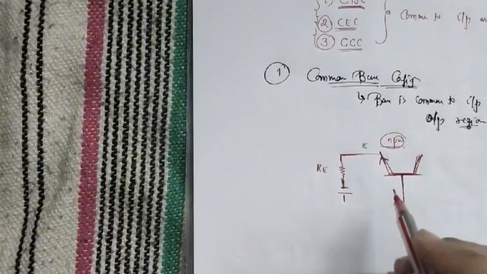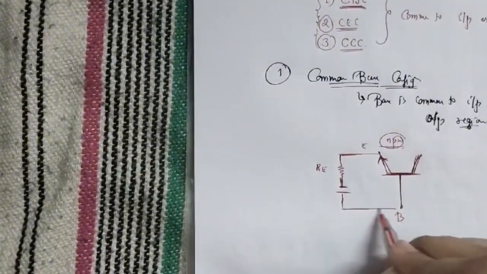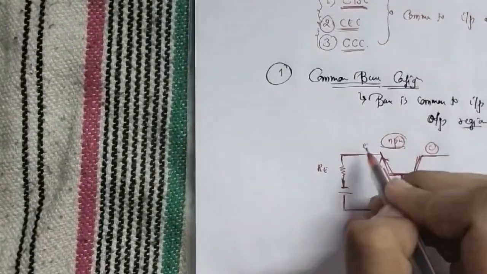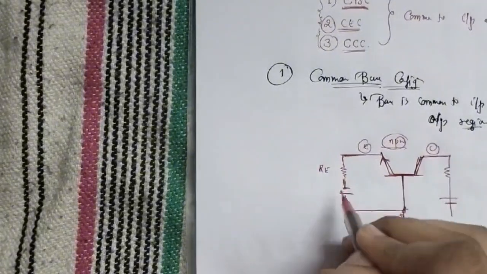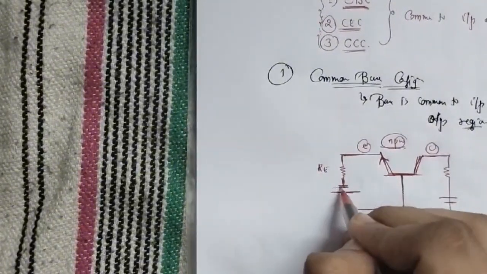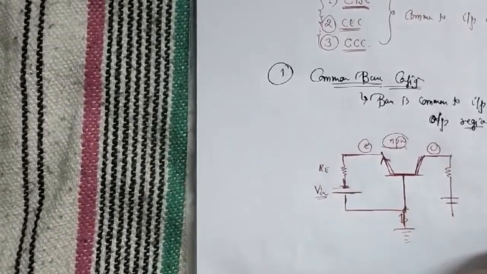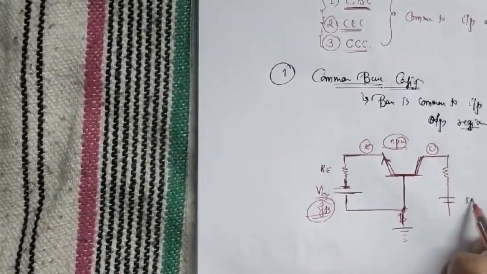So it is common base, and here we have base common to these two, and we are making the circuit. So this base will be grounded here at this point. This is the collector region, this is the emitter region. This is the input side, and here we can say Vin, and this is in forward bias. Here this will be in reverse bias.